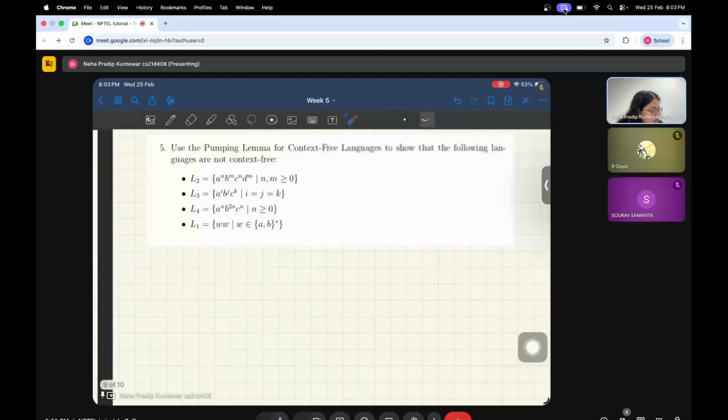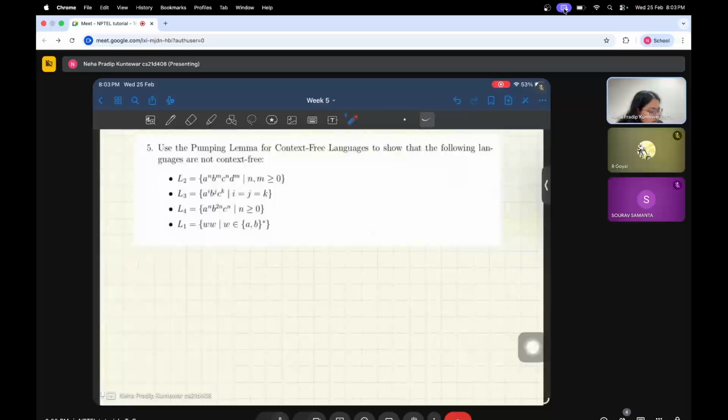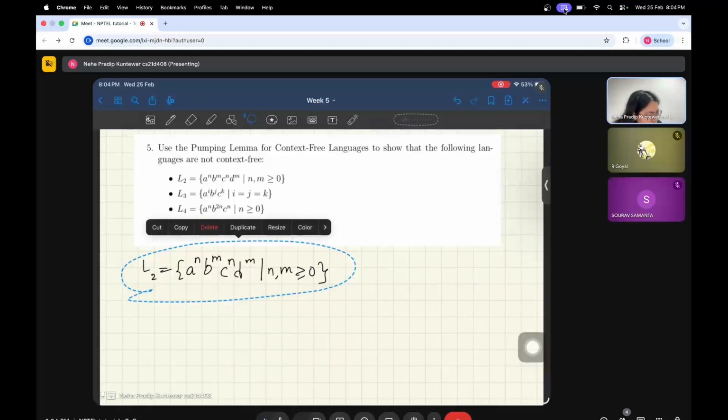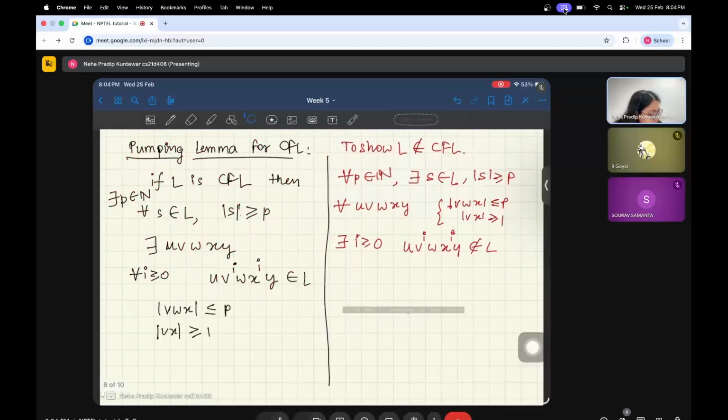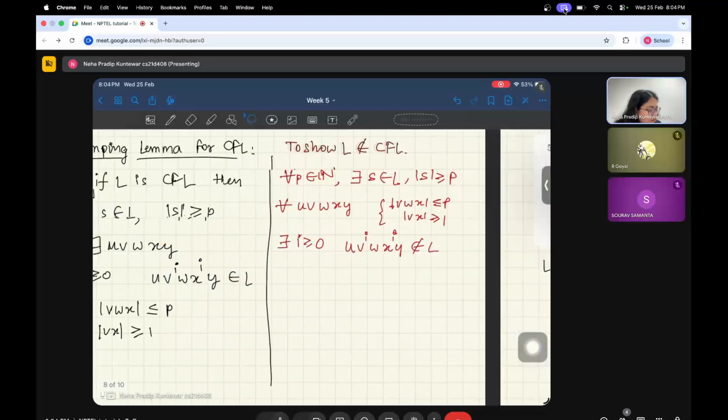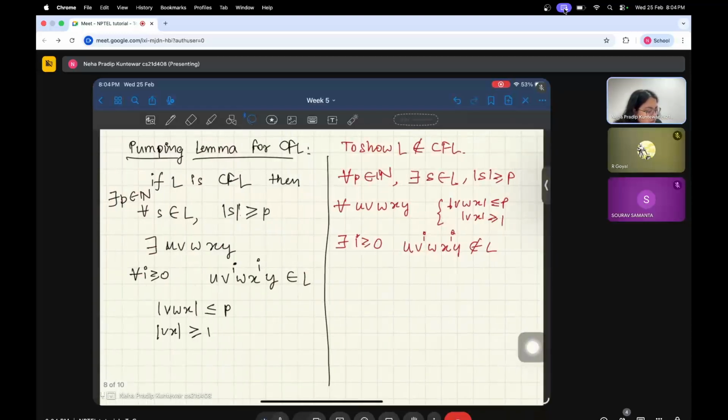So, a simple example. Let's take L2, which is a^n b^m. Let me bring this here so that the lemma is also visible.